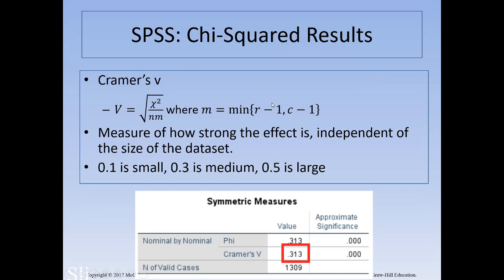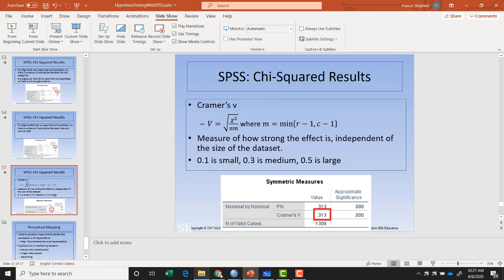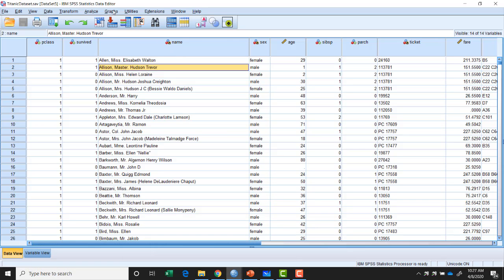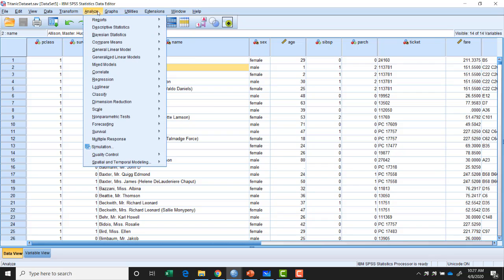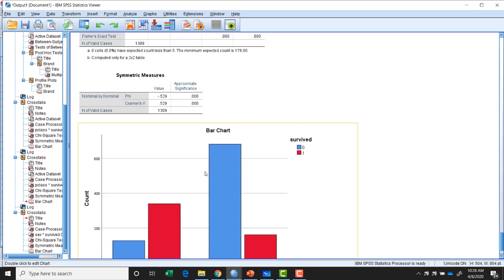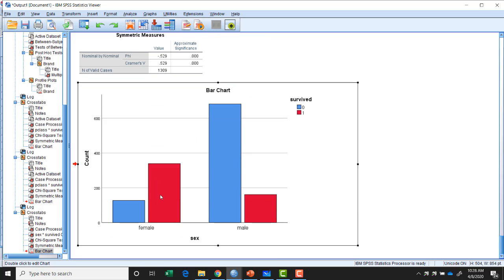Okay, so we're going to go back, and I think I set this in the actual practical, and do it again. But we're going to now do gender. So again, descriptive statistics, crosstabs. Now we're going to replace class with gender or sex. And this is male and female survival.